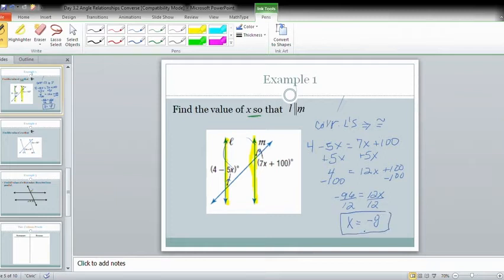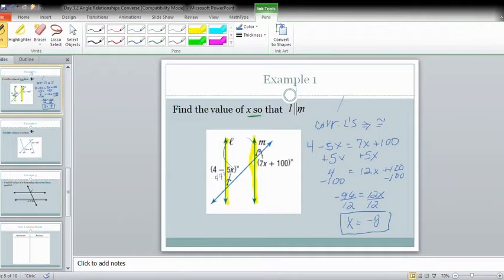So when x equals negative 8, that would make both of my angles the same measure, right? And if you want to figure out what the same measure is, just plug it back in. So 4 minus 5 times x. Well, 5 times x is going to be negative 40. 4 minus a negative 40 is going to give me 44 degrees, right?